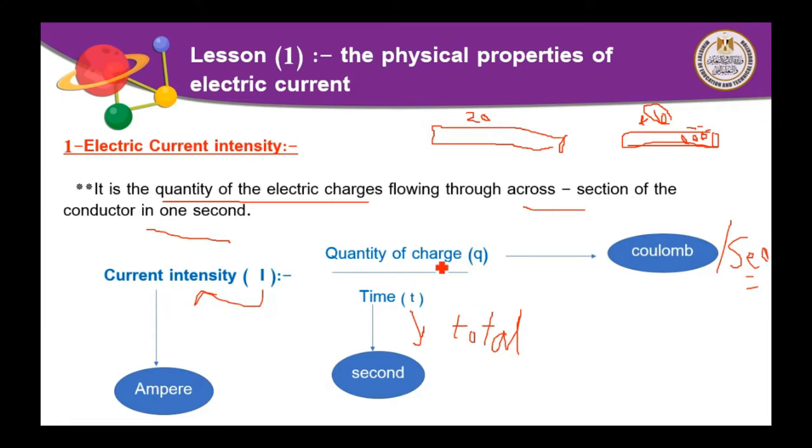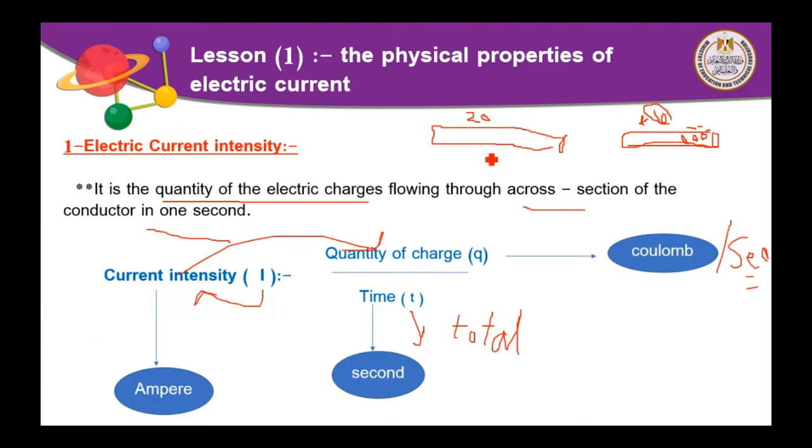Pay attention. What happens when increasing the quantity of charge? Here I have two relations. Electric current intensity has a direct relation with the quantity of charges and an inverse relation with time. What does this mean? By increasing the quantity of charges, the electric current intensity increases.